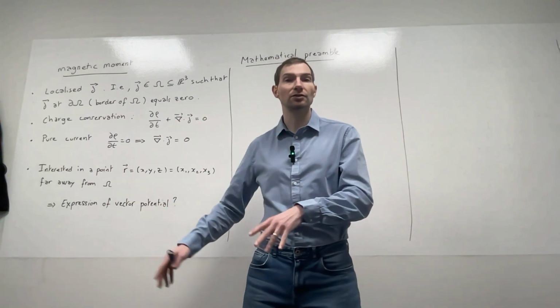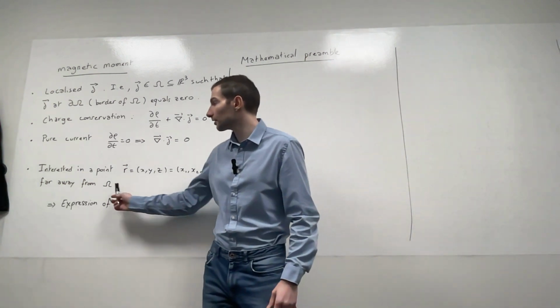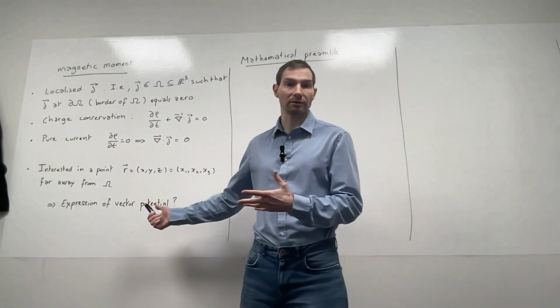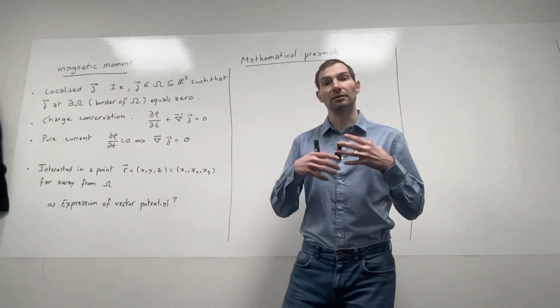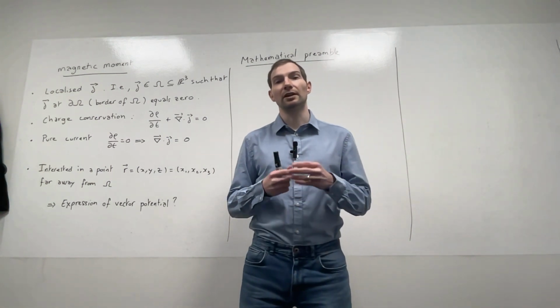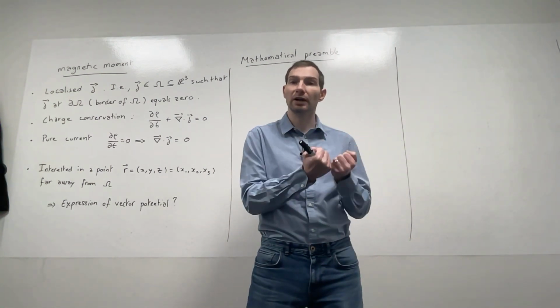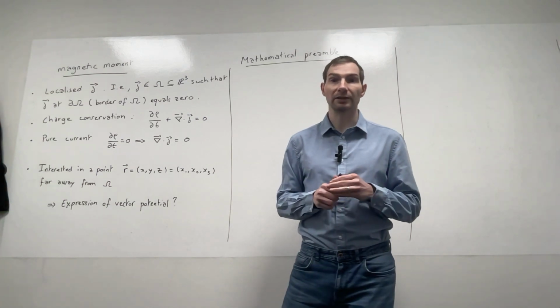These are the conditions that we are going to look at, and then we are going to obtain a relatively simple expression of the vector potential. From this simple expression, we extract the magnetic moment.